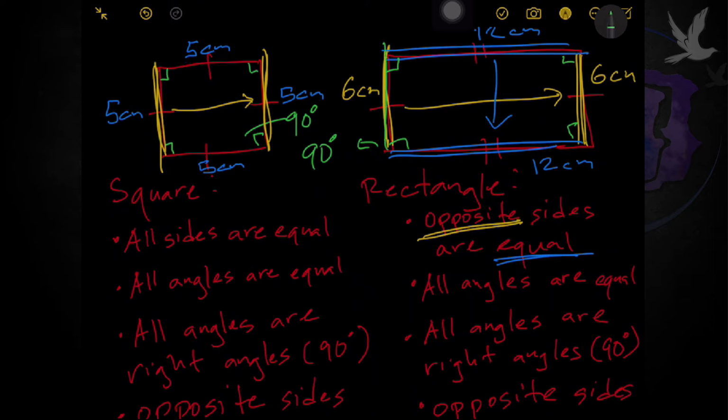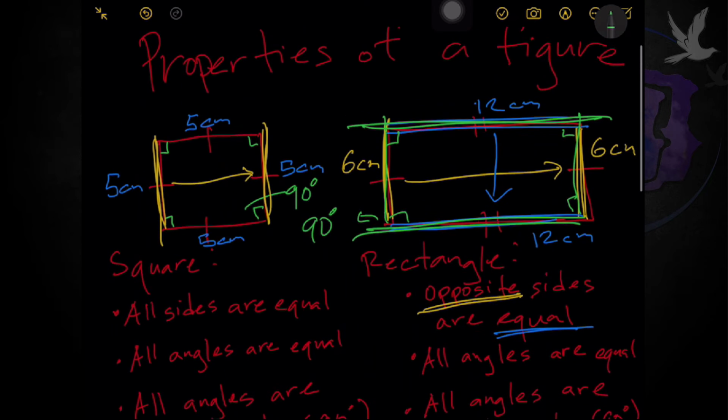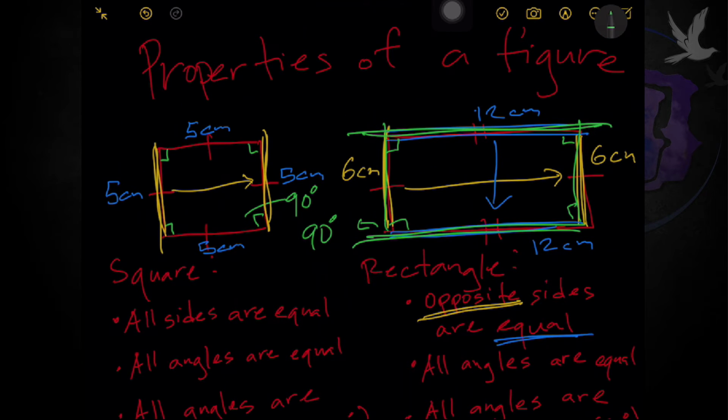This line is parallel to this one, and this one is parallel to the opposite side. Okay? So yan ang ibig sabihin ng properties. The basic information of properties of a square and a rectangle. Maraming properties pa yung ibang shapes din. Pero for now, we are focusing only sa properties of a square and a rectangle. Okay?